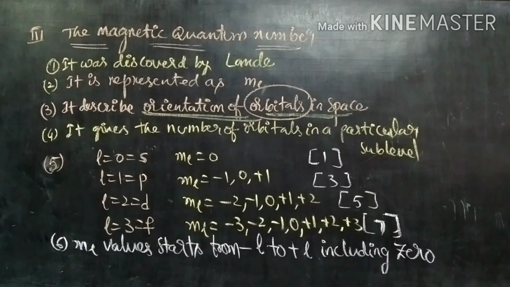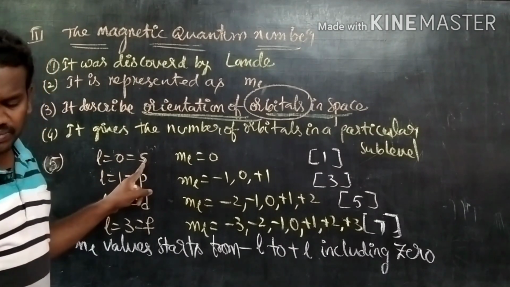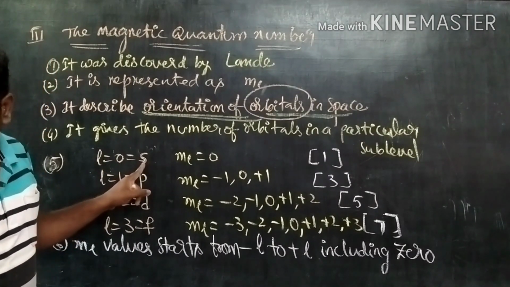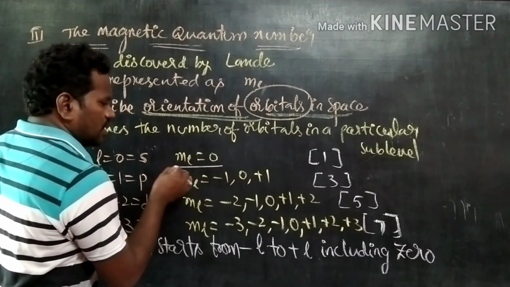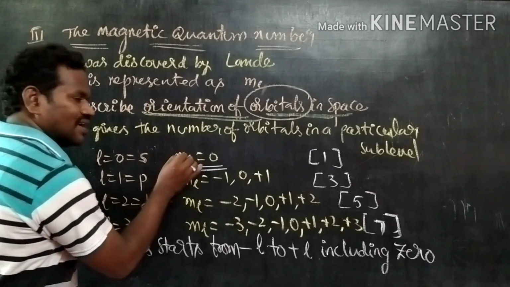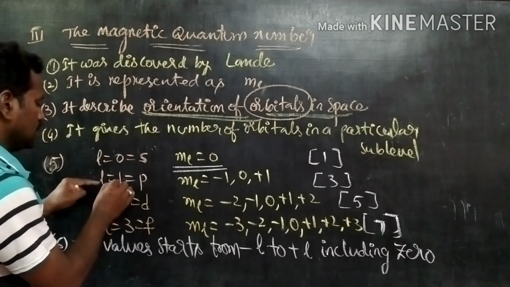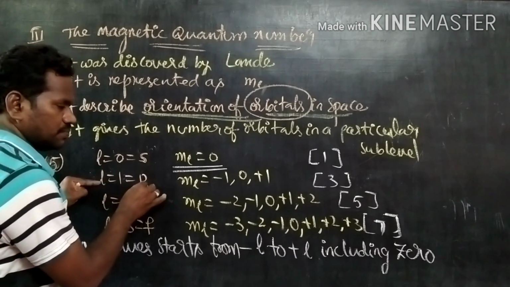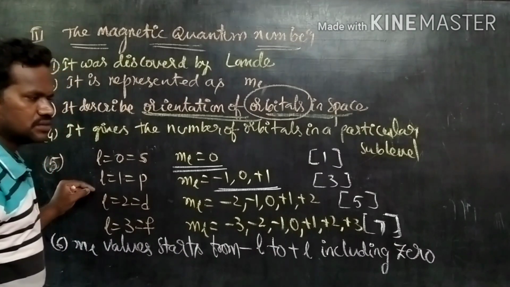Let us see here. L equals 0 is called the S sublevel. You already know this. It has only one orbital, and that orbital's numerical value is 0. L equals 1, that is P, has 3 orbitals.